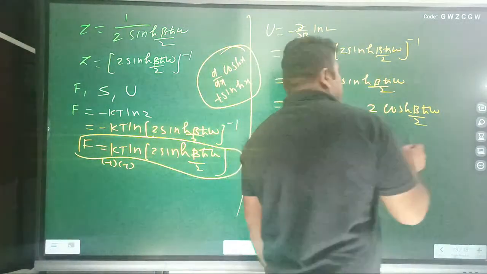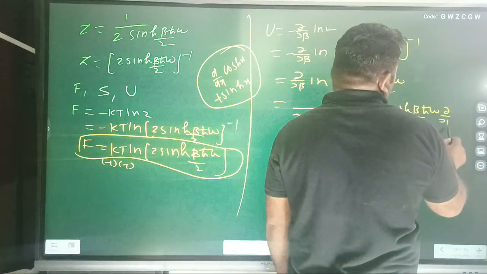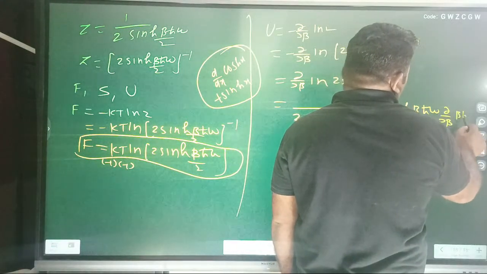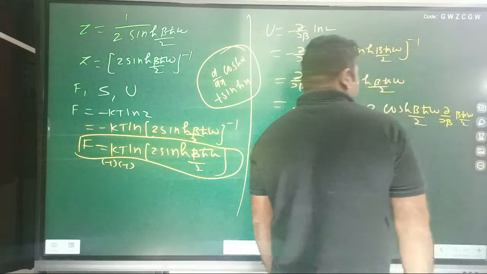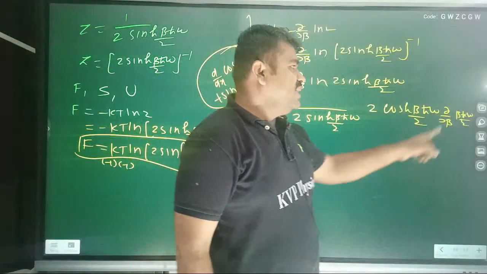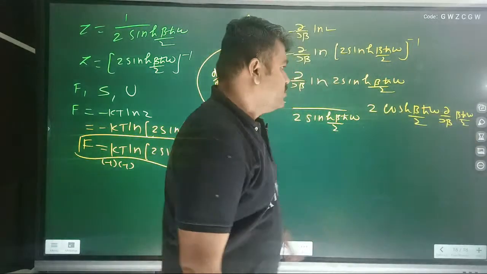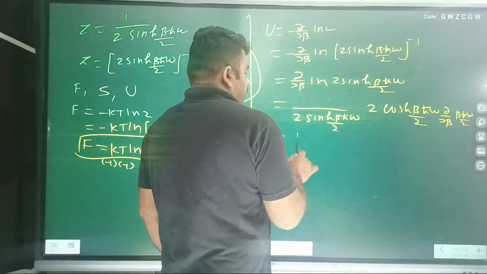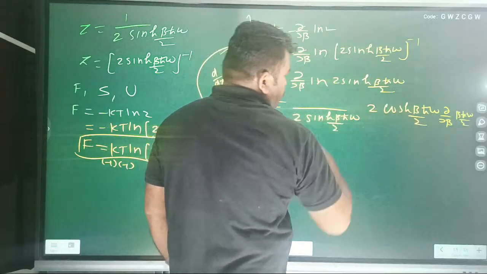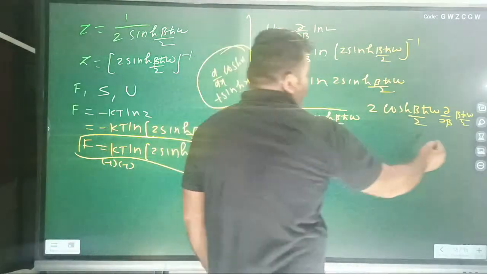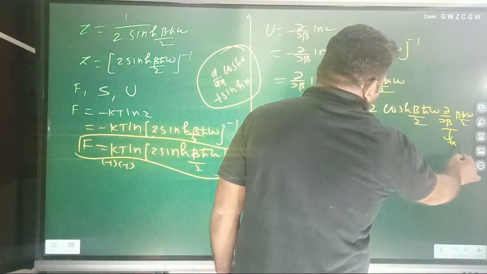Derivative of this part means del upon del beta of beta h cross omega upon 2. Beta is available, but h cross omega upon 2 is constant. Del beta upon del beta is 1. This h cross omega we can take common outside. This derivative part gives h cross omega upon 2.